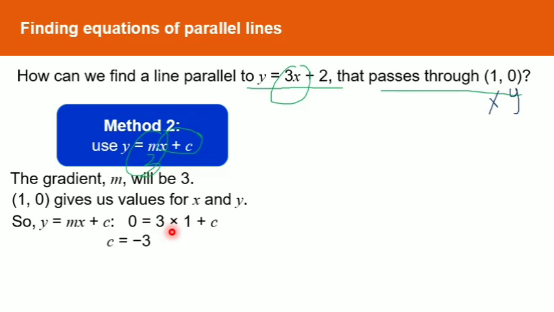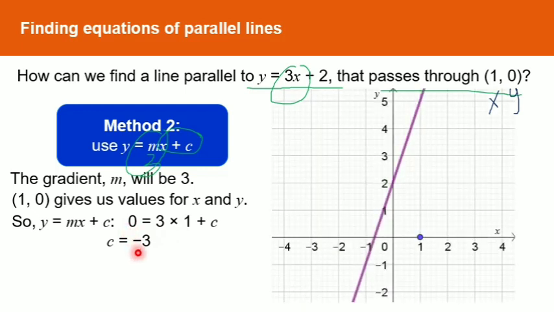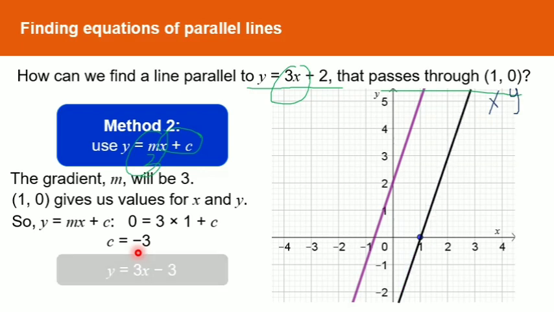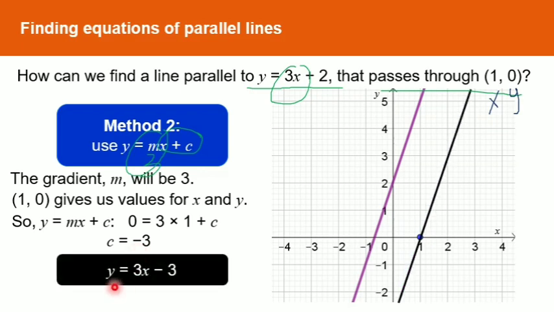The 3 moves to the other side and becomes -3. That's why c is -3. So the equation will be y equals 3x minus 3. The -3 here is from the c, and the 3 is from the gradient itself.